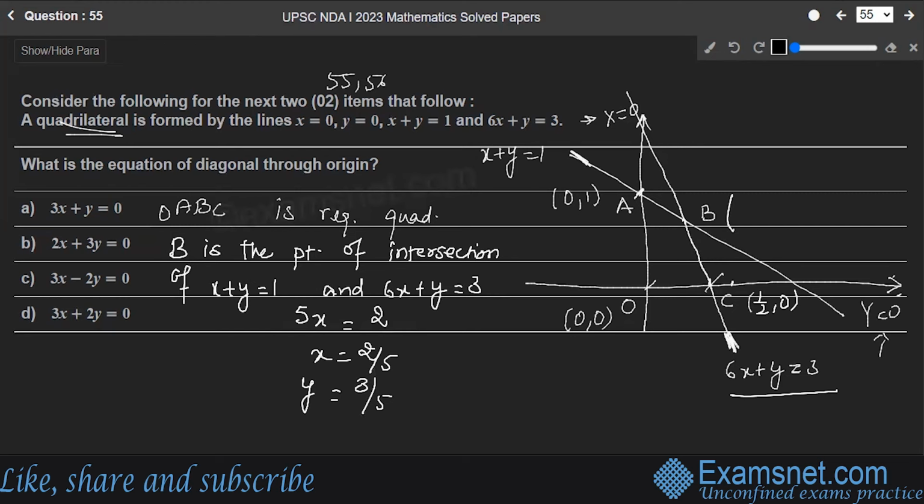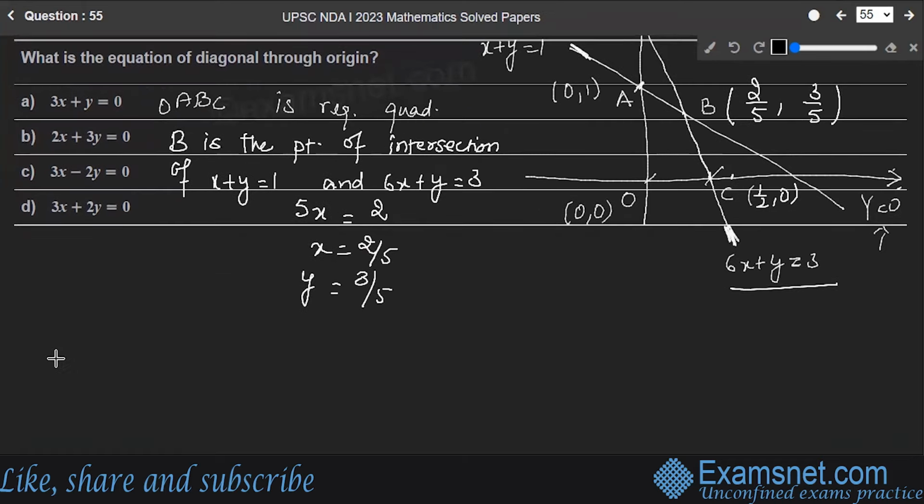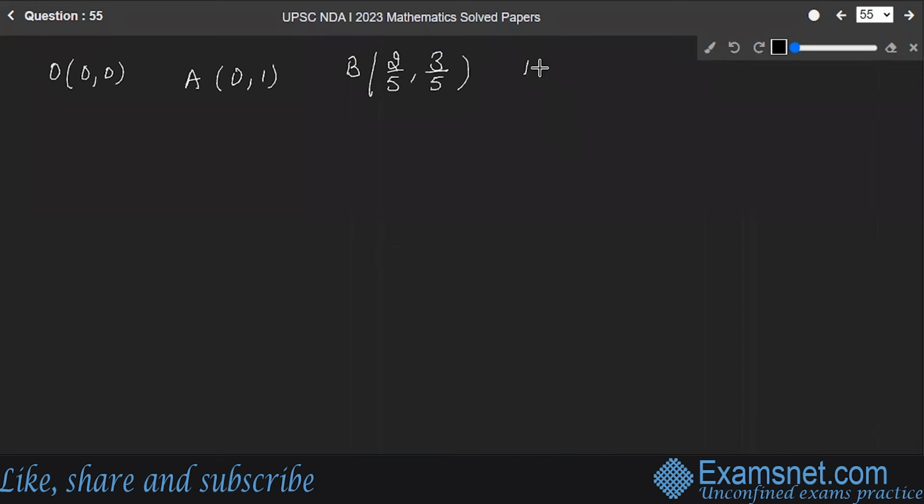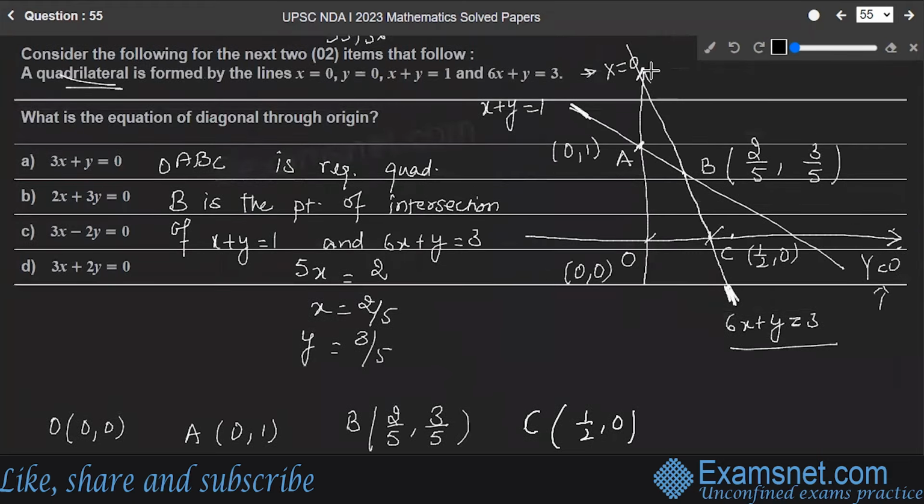Okay, so the coordinates of B are 2 by 5 and 3 by 5. We got all the coordinates. Let's write them down once. O is having the coordinates 0, 0. A is having the coordinates 0, 1. B is having the coordinates 2 by 5, 3 by 5. And C is having the coordinates 1 by 2, 0. So we have done all the initial preparation to solve the sum.